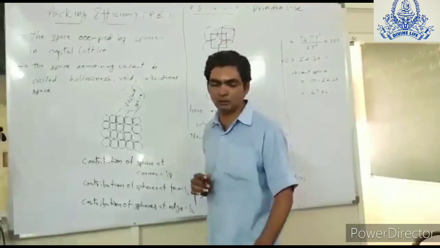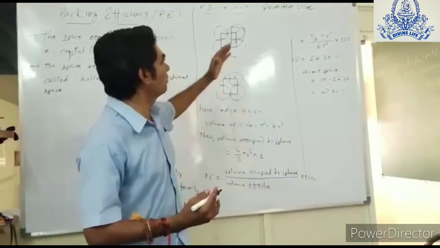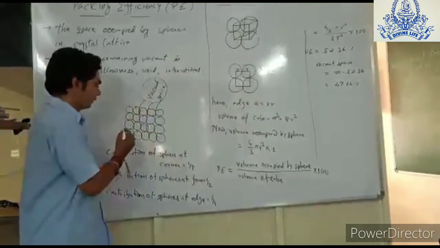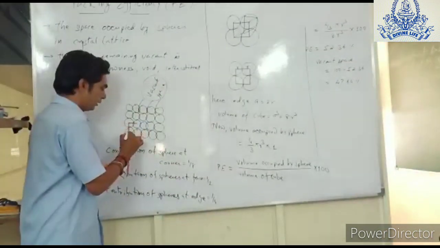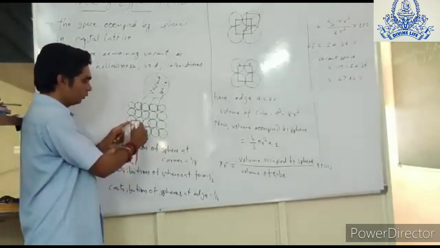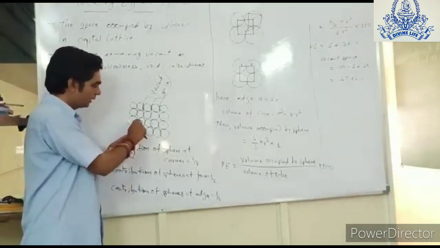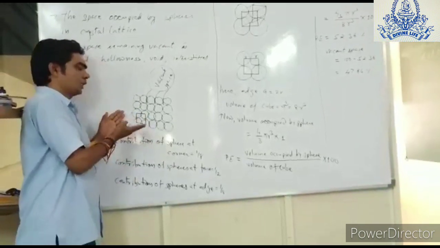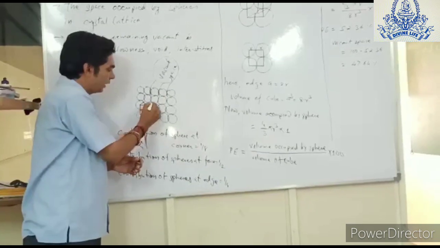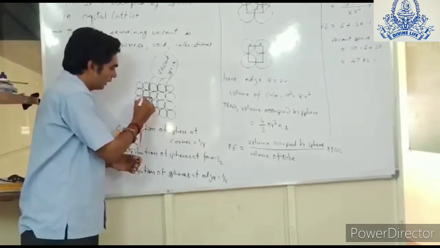So in SCP, simple cube or primitive cube, the spheres are arranged in this way. The centers are joined by straight lines. Now these four atoms and their centers are joined. Some atoms are at the backside, so the centers of the backside are also connected.